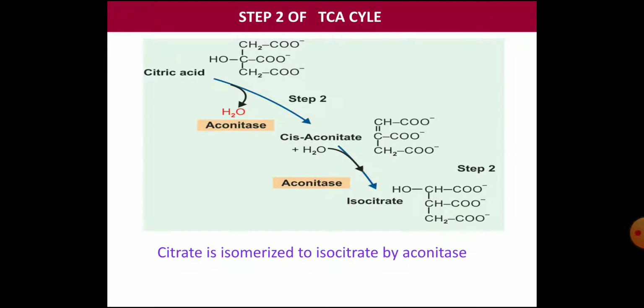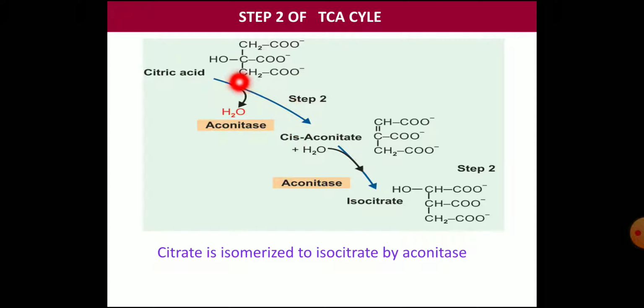Step 2: citric acid, or citrate, is converted to isocitrate. That is an isomerization reaction. So citrate is converted to isocitrate by a 2-step process with the help of the enzyme aconitase.